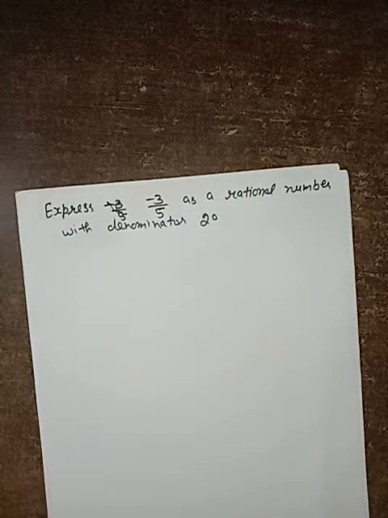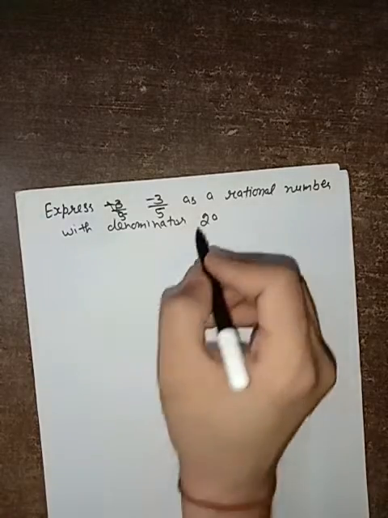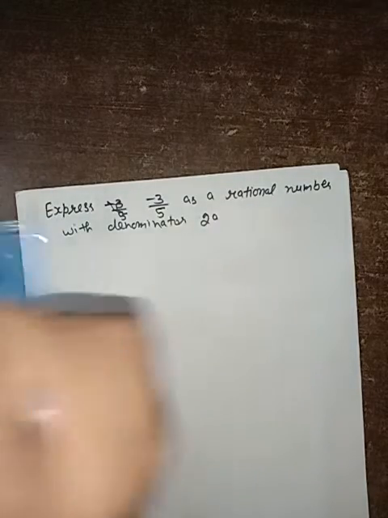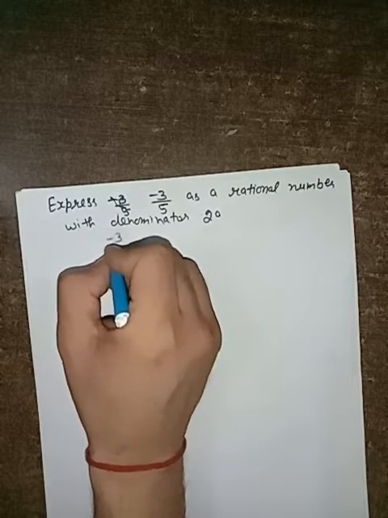We have to express -3 divided by 5 as a number which contains 20 in the denominator. So -3 divided by 5.